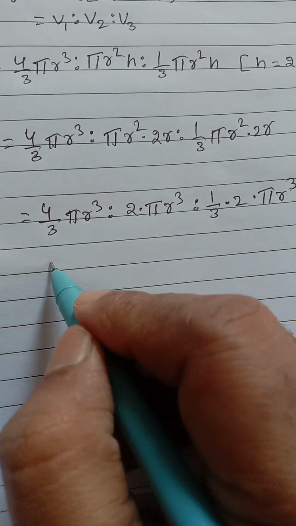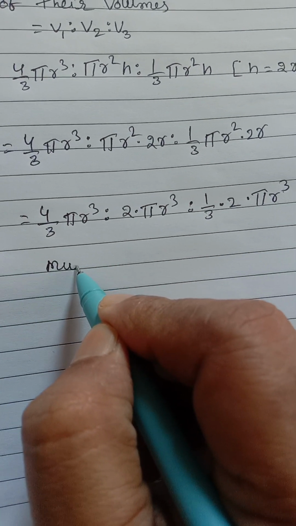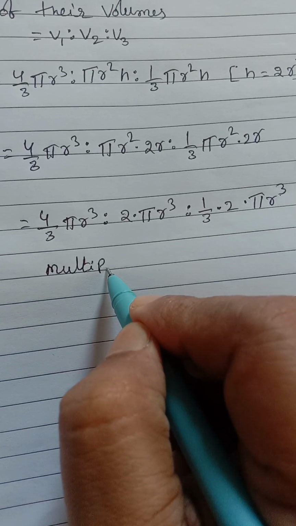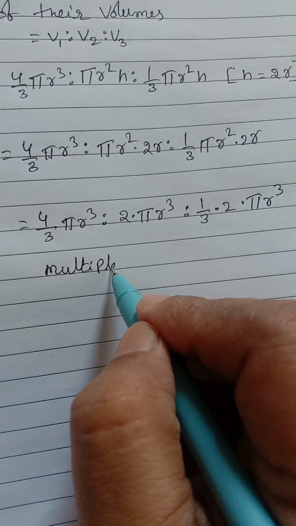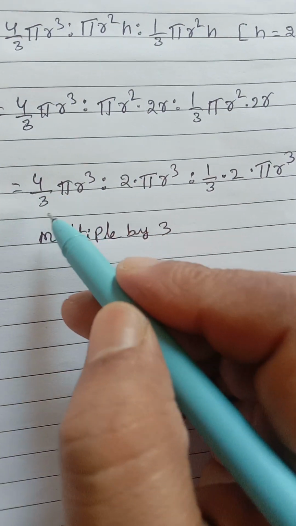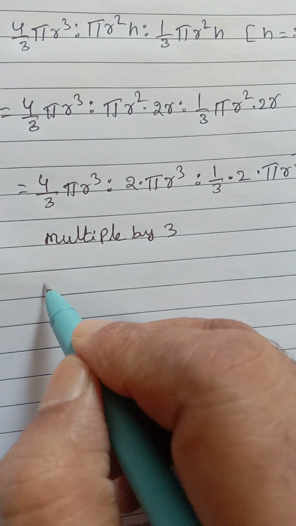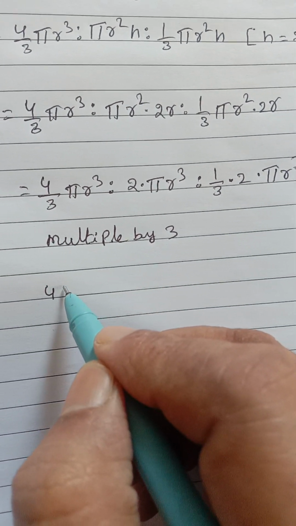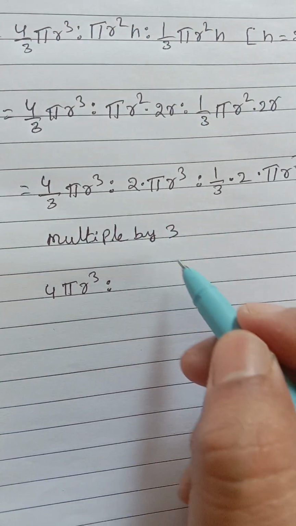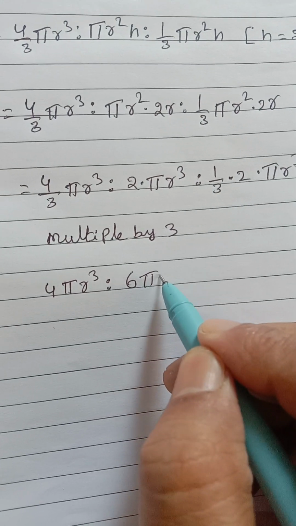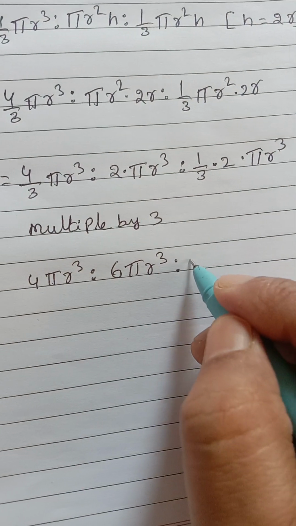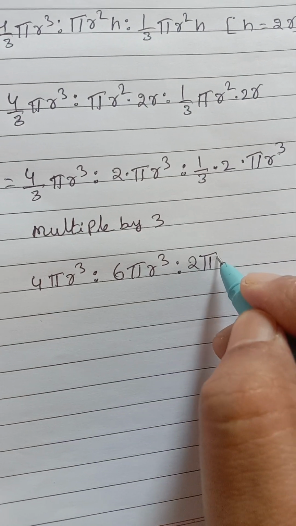All ratios multiply by 3. 4 by 3 into 3, 4 and 3 cancel. 4 pi r cube is to 3 into 2, 6 pi r cube is to 3 cancel, 2 pi r cube.